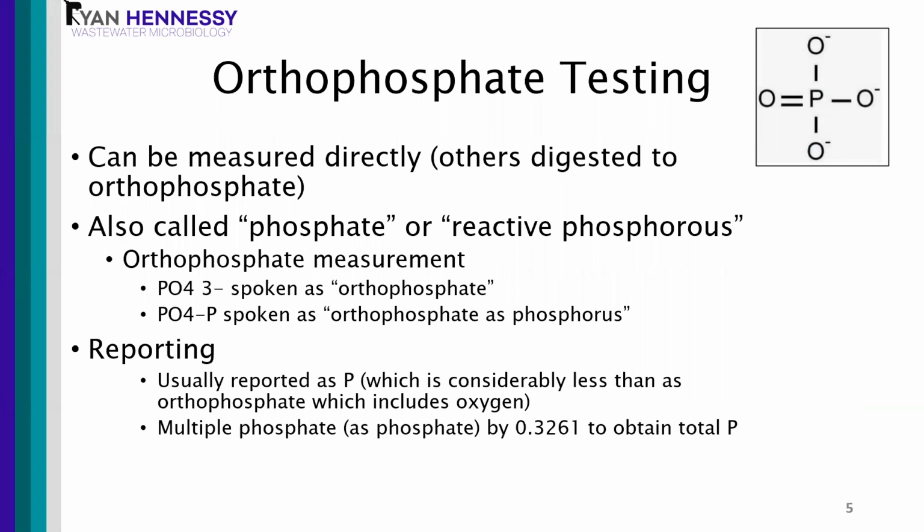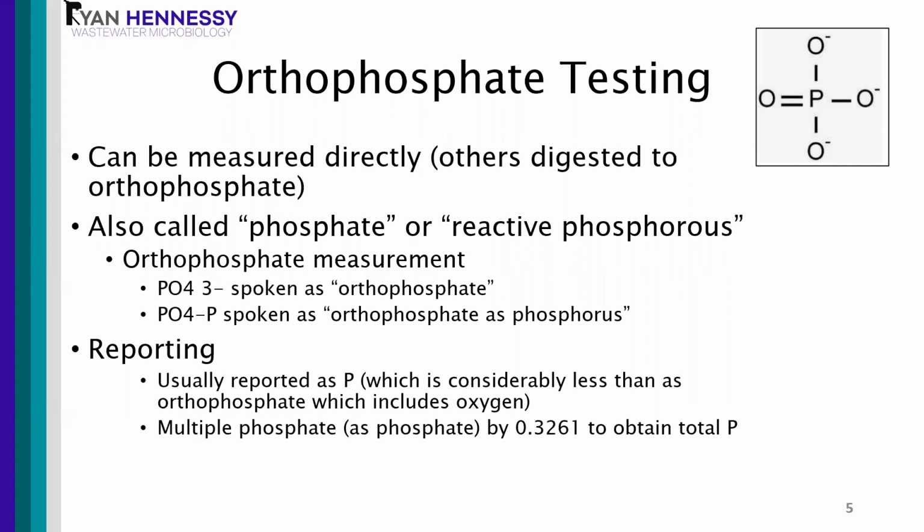One thing that's very important is when we do testing, we want to make sure that we're reporting phosphorus and understanding it's reported in the correct way. So for example, if your effluent limit is in total phosphorus, you want to make sure that you're reporting that as total phosphorus.